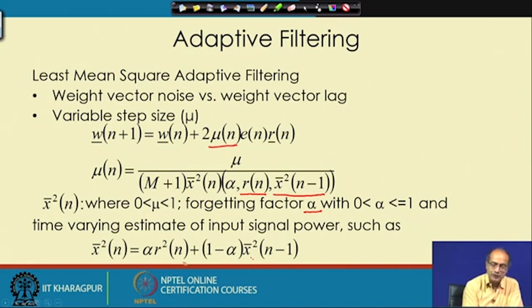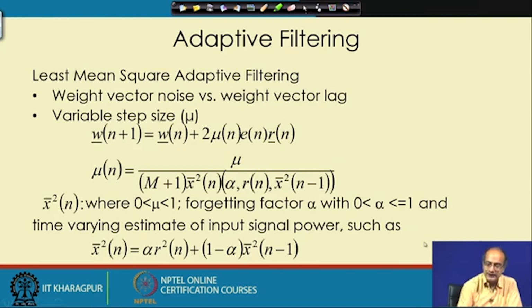That means it will smooth out the change in the instantaneous energy of the reference, and with the help of that we are updating the mu, and thereby we are able to optimize both the things that we would like to have: when the system is changing, less weight vector lag, and when it goes towards the convergence, less weight vector noise.